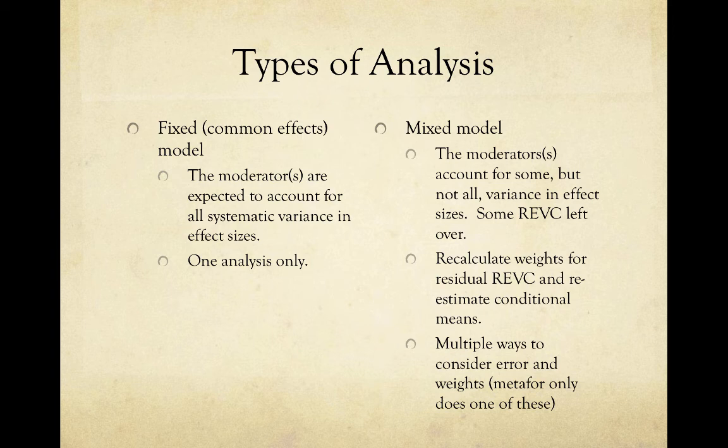So it turns out there's more than one way to consider the error and the weights when you're going to recalculate things, including the random effects variance. Metafor only uses the pooled error. So it's going to have one error variance that it will use. CMA gives you the choice of either pooled or separate.